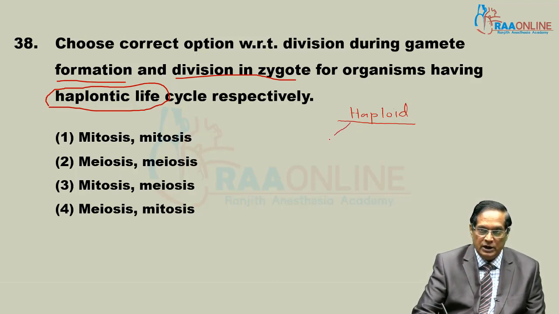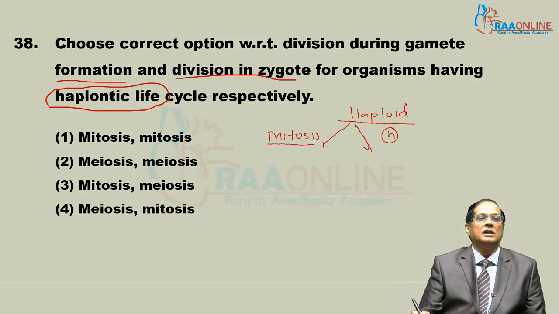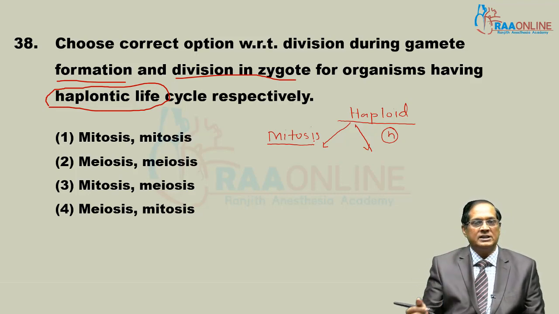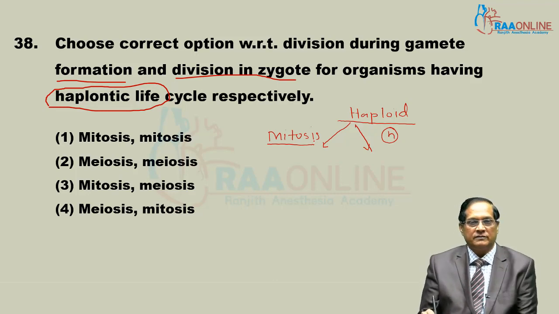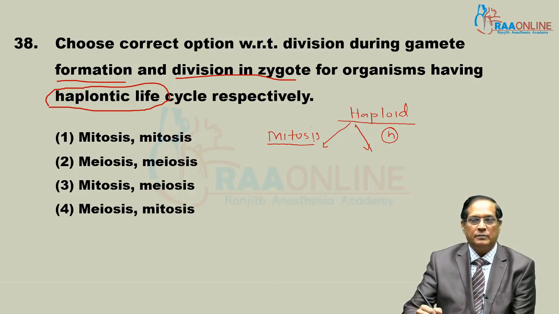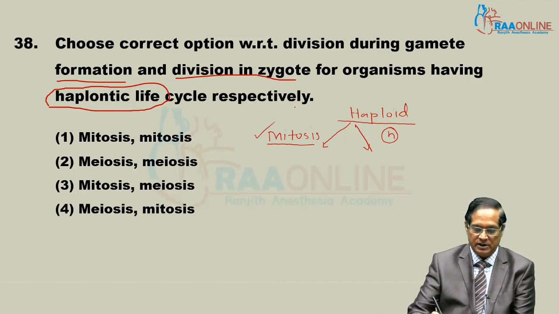So the haploid body forms gametes by mitosis, because meiosis takes place in cells having even number of sets of chromosomes. If the body is haploid, there is no option of meiosis for the formation of gametes. So during gamete formation, mitosis takes place.